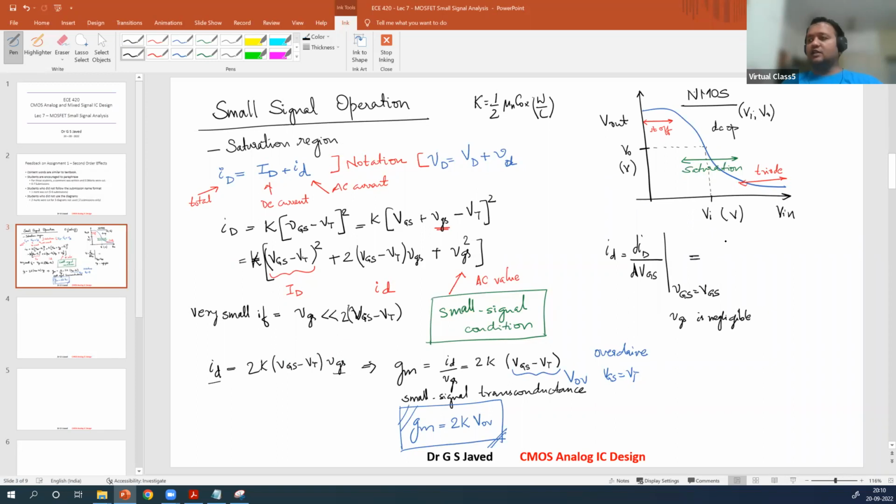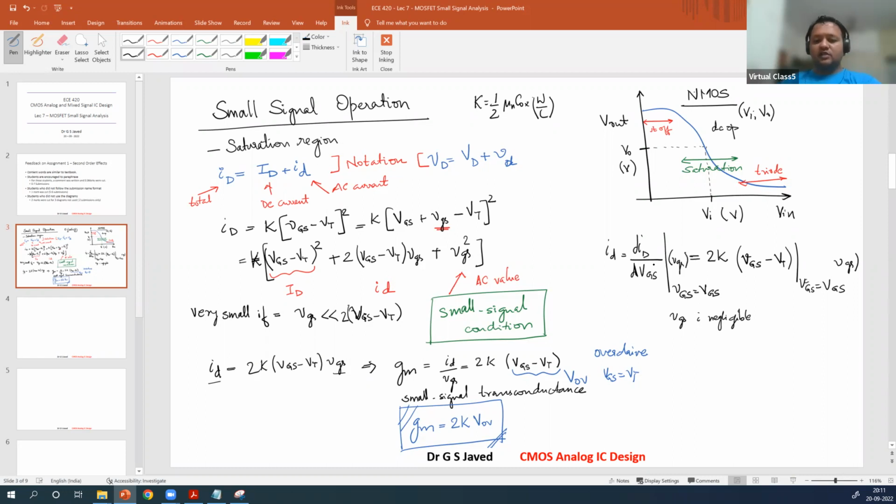For that, you will get this equation: 2K times VGS minus VT, where you are defining capital V_GS as equal to VGS, and that is a function of VGS.